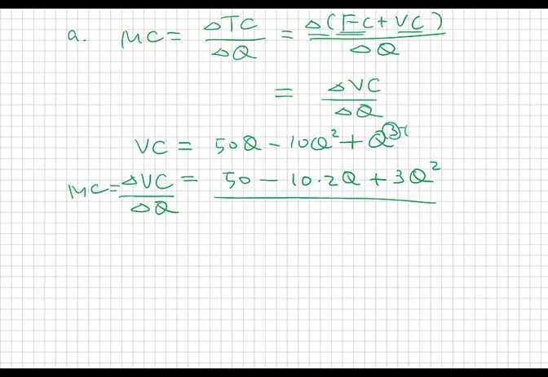So we found marginal cost for question A, but we still have one more step to go. What's the output level where marginal cost is minimum? This is a quadratic function, so there are two ways. One way is to factor out the two terms with Q squared. Inside the square there's a linear term in Q, and here will be 10 divided by 3, plus 50 minus 3 multiplied by 10 divided by 3 squared.